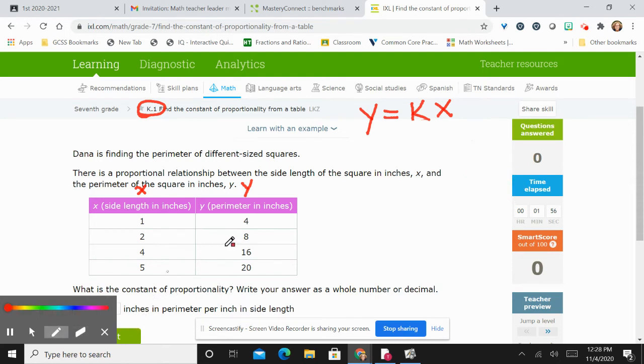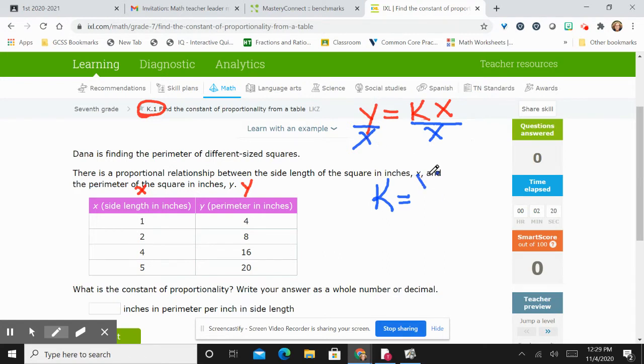So if I want K by itself, how do I get K by itself? Well, I isolate the variable. Who's with K? X. So I'm going to isolate the variable. Now, K is by himself, and we have K equals Y over X.